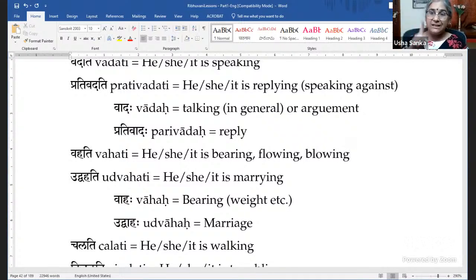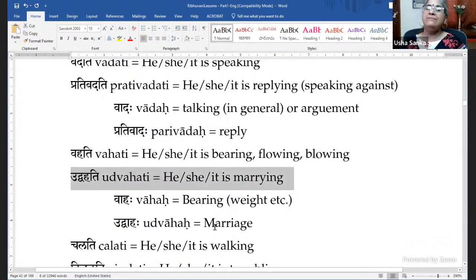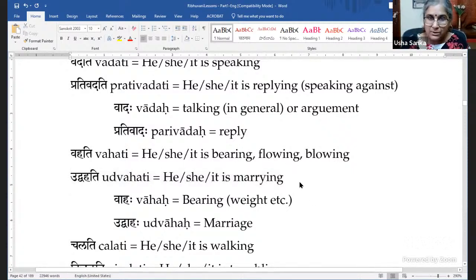So if a single dhatu, the blowing of the wind, can have three meanings, then imagine how many meanings an upasarga added dhatu will have. Ud Vahati can, as I told you, also mean married, or, I'll put a comma, bear up, okay, up bear.